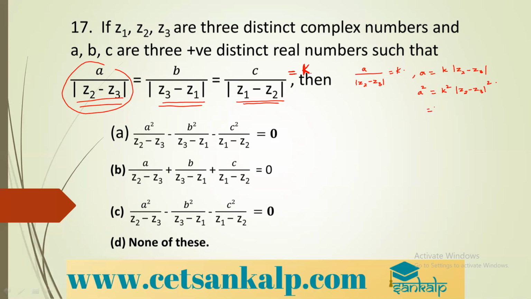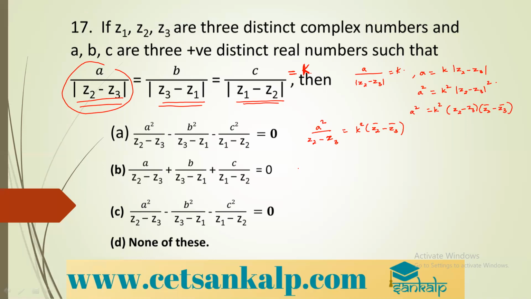Now I have a formula. Modulus squared is nothing but Z2 minus Z3 into the conjugate, Z2 bar minus Z3 bar. So I will modify this for A square. A square by Z2 minus Z3, I will write as K square into Z2 bar minus Z3 bar.